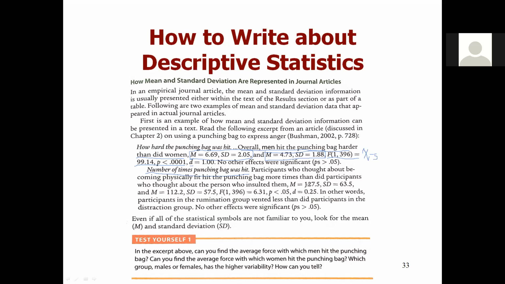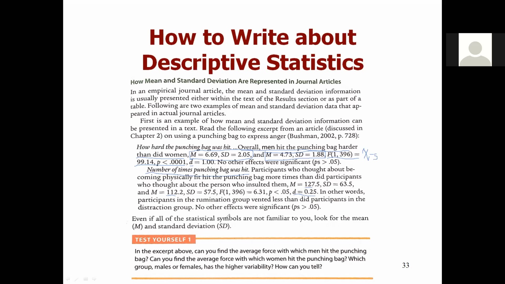And they're giving us this mean number, 127 times versus 112. Okay, it was a significant difference, but not as strong as this one here, because the effect size is much smaller. In other words, participants in the rumination group vented less than did the participants in the distraction group.